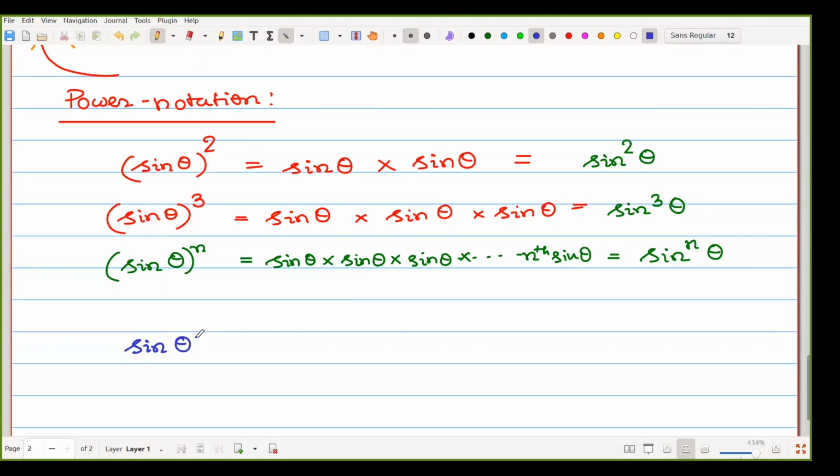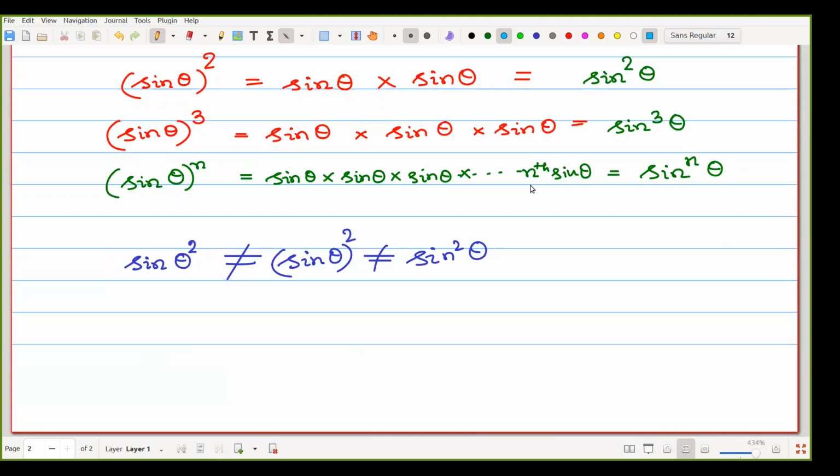So if we have sine theta square, that does not mean it is sine theta whole square, or sine square theta. The angle here is theta square. That means in that case, theta square is the angle of reference.